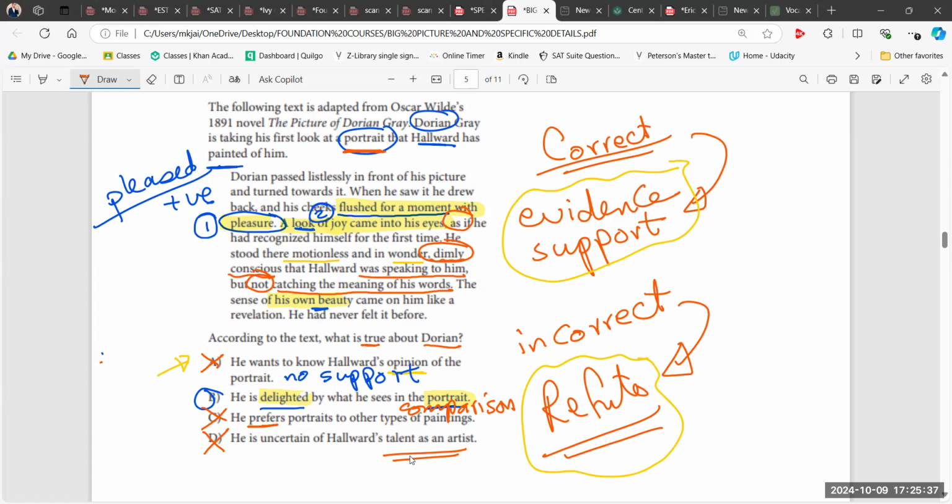So would this support that this person is uncertain, or could it even support the opposite? You will like a portrait. What does this indicate? What can be inferred? That this person is a good artist. He has good talent. Yes or no? Yes. Okay. All right.